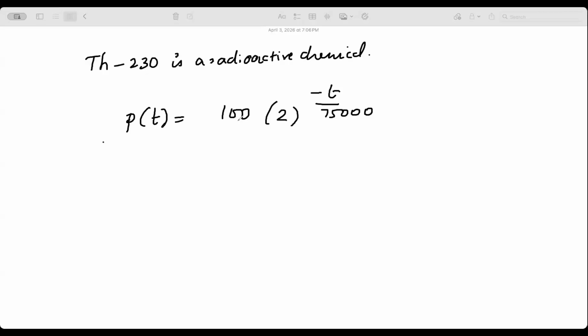How long has a coral reef been growing? The oldest portion. Okay, let's see. P of T is a function that talks about the percent of thorium 230 remaining in a sample.